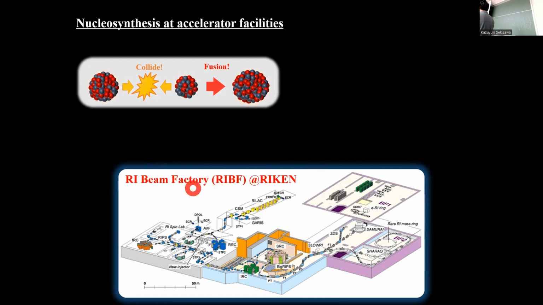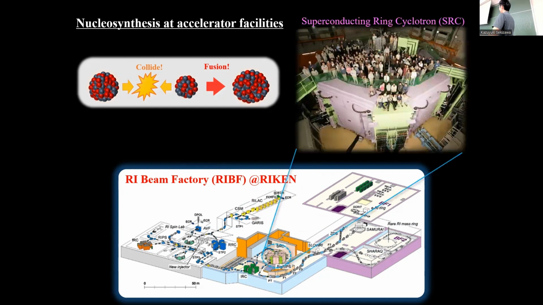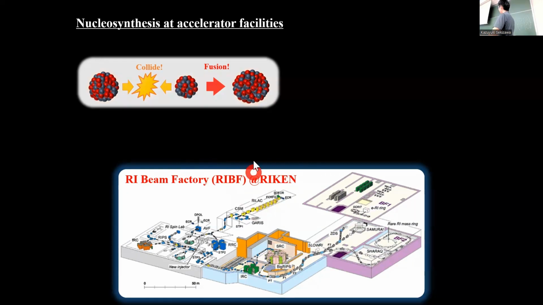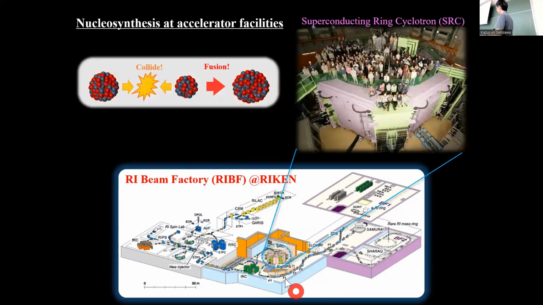This is the RIBF factory at Riken, and Riken is in Saitama Prefecture, close to Tokyo. This accelerator facility is located underground, and it is quite large. To have a taste, you can see this is a picture of the superconducting ring cyclotron SRC, and this is the world's biggest superconducting ring cyclotron.